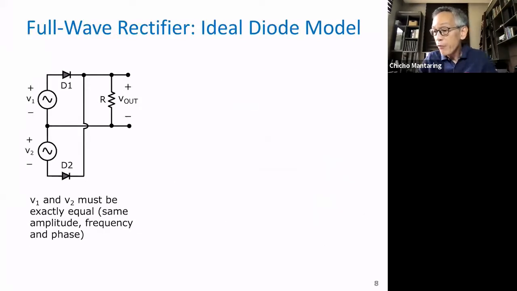Now let's go to a full wave rectifier. First we're going to discuss the full wave rectifier using the ideal diode model. Okay, what is the objective of a full wave rectifier?